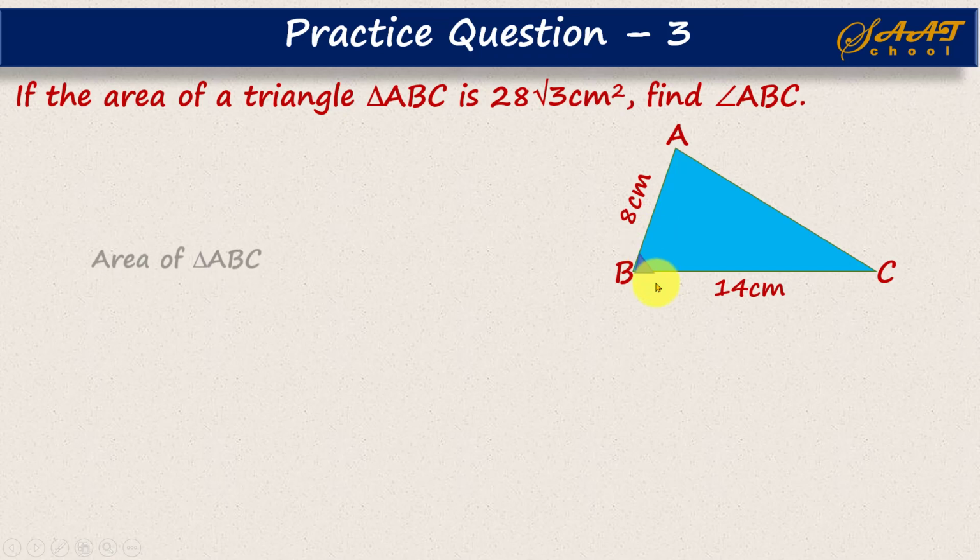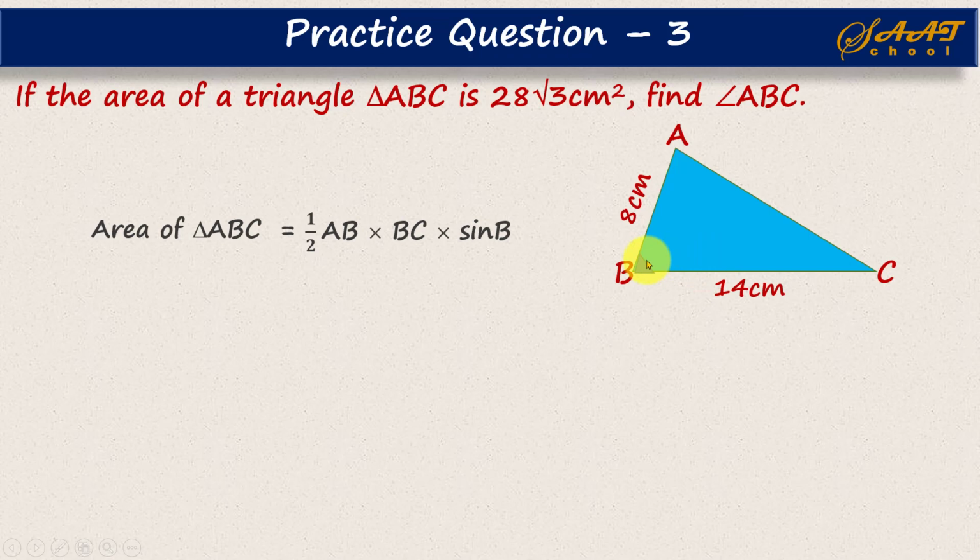So in this case the area of triangle ABC will be equal to half the product of these two sides and the angle B, that is sin B. Since we have the area of the triangle, which is 28 root 3, and then we have AB which is 8, we have BC which is 14. So you can cancel those numbers.